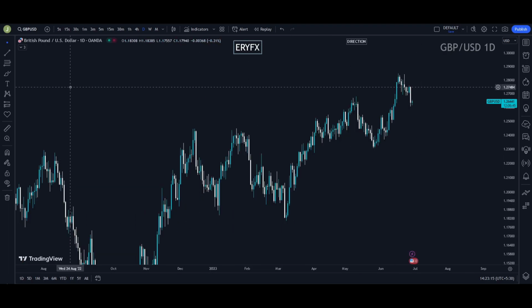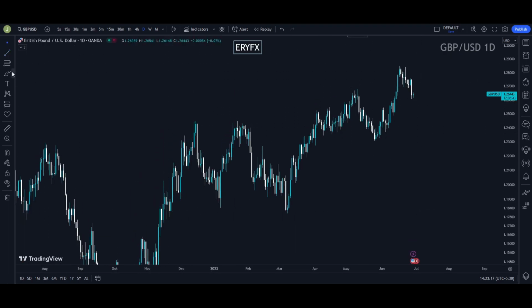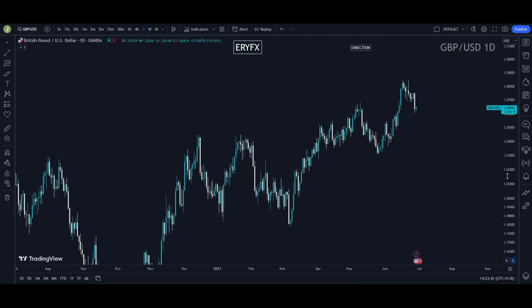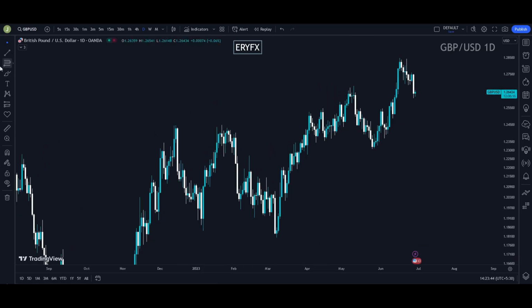Let's start on the charts for the examples. The first example: buy-sell and the sell. The buy-sell is this, the up candle and the down candle, marked on the side. It should come here, wick it, and close below.